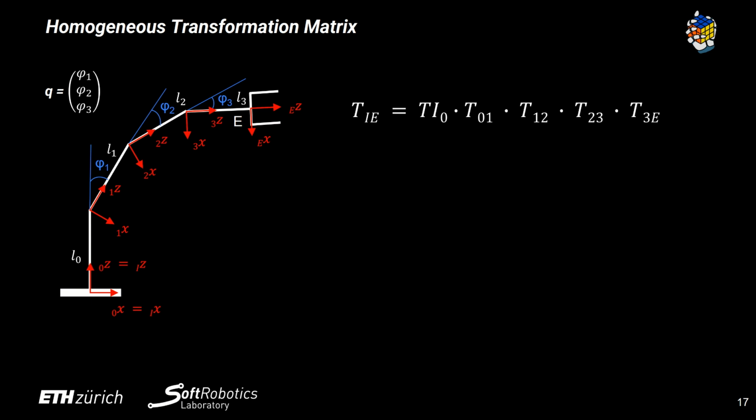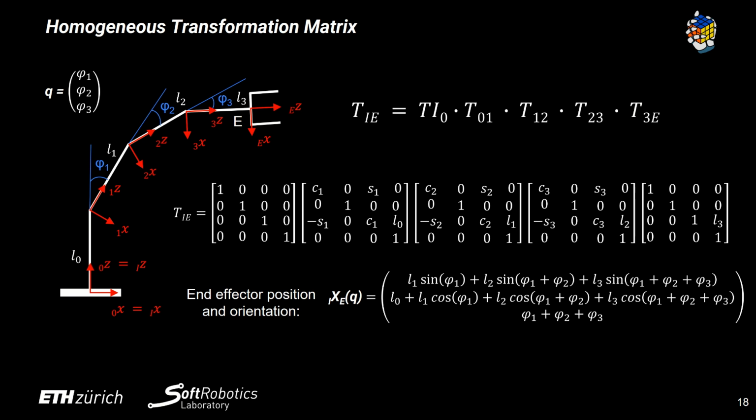So when there are multiple joints, just like the rotational matrices, homogeneous transformation matrices could also be multiplied together to get the matrix from initial point to the end effector. Here we use Q to represent the joint angle. Therefore, here we could get the forward kinematics as follows and the end effector position and rotation as is also shown here. If you do the calculation for the homogeneous transformation matrix T_IE, you will find the first and the third value of the last column to be the same as the first two values of the end effector position here.